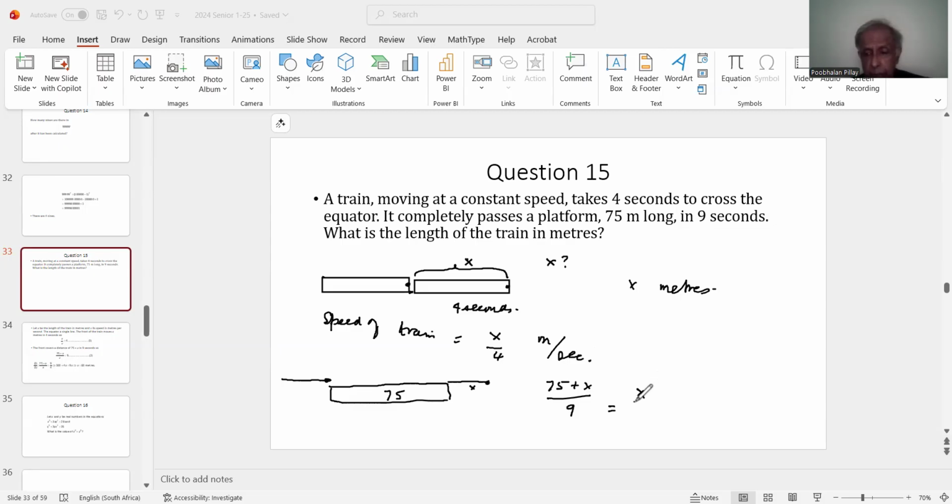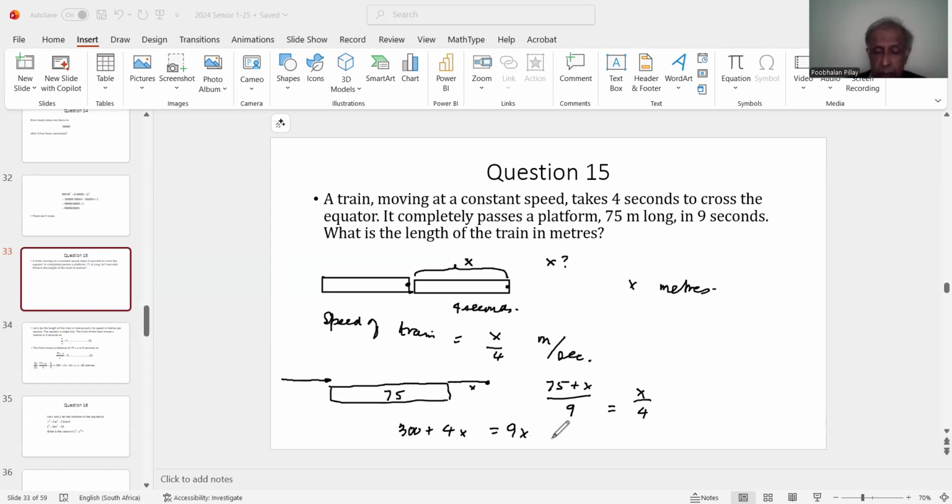So this is the same speed as the one that we had before. This information is coming from the second part of the problem, in 9 seconds. So now we have an equation in x, you see. If you cross multiply, you have 4 times 75, 300, plus 4x equals 9x.